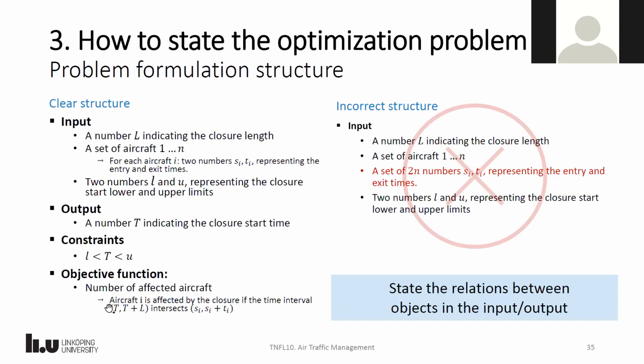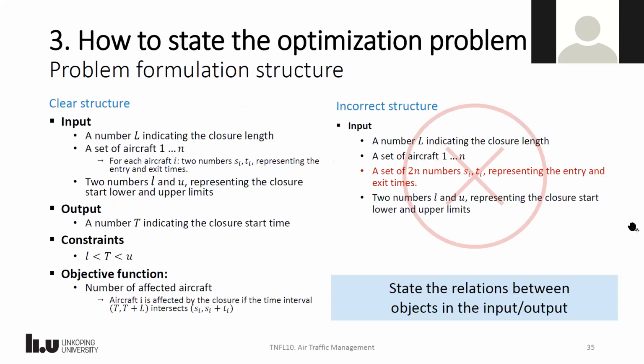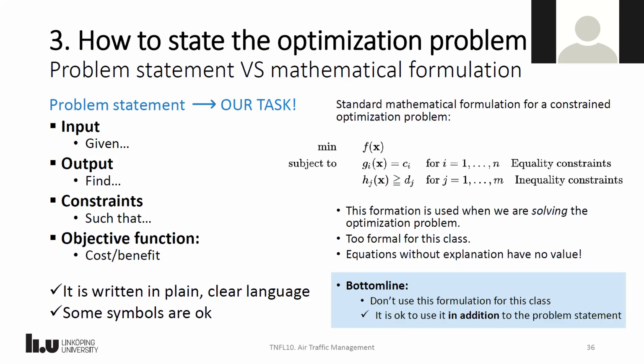These are symbols, of course, and it's okay to include them. But what I don't want you to do is this over here. In comparison, we have the standard mathematical formulation of an optimization problem. This is something that you may have seen in other classes, or that you have to work with. I'm not sure if you have an algorithms class or something like that, but you may have seen this formulation.